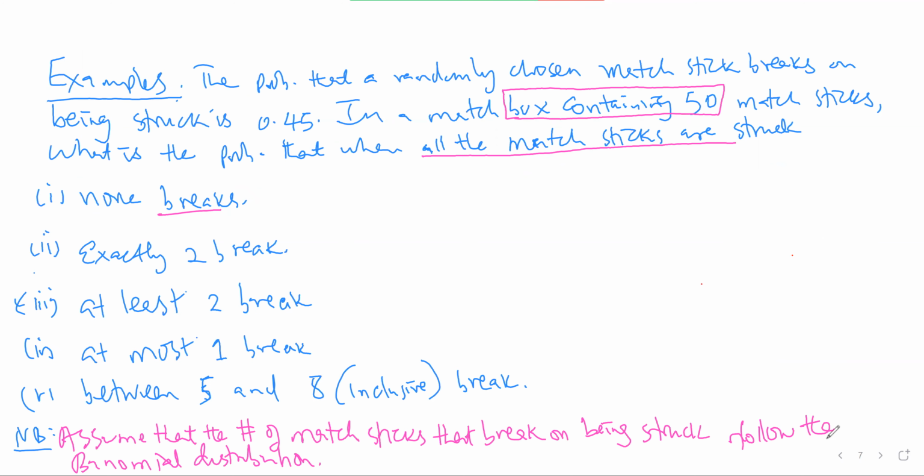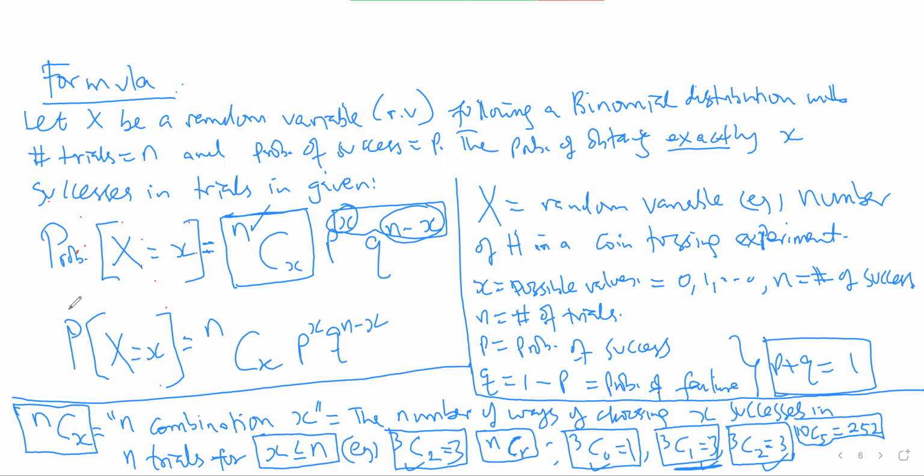We saw from the formula, I'm going to apply this formula here. So now what we have done is that we have put a 0 here, and we'll put a 50 there, a 0 there, a 50 there, and a 0 there. Then where there is P, we put 0.45.